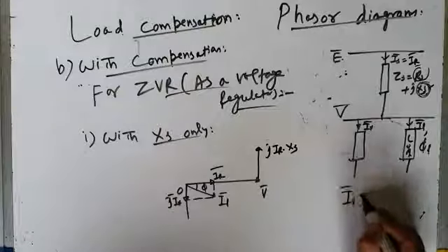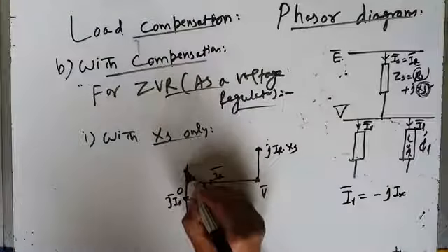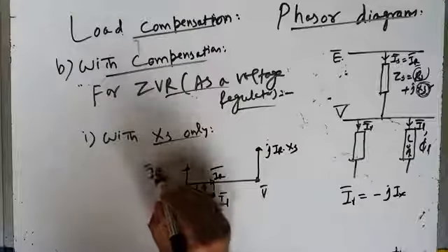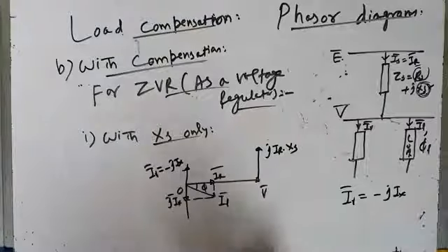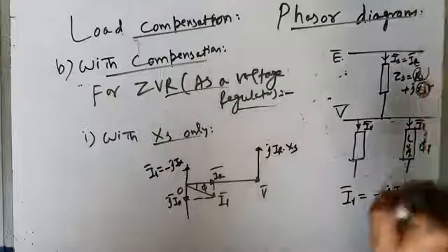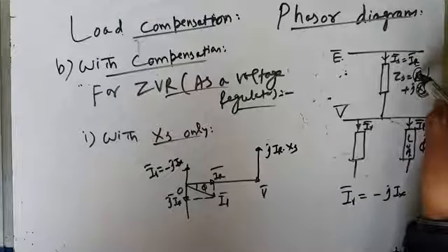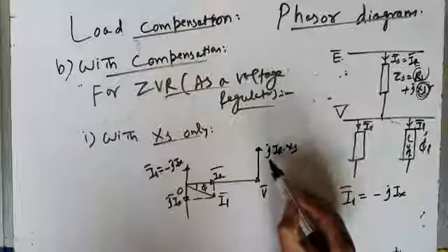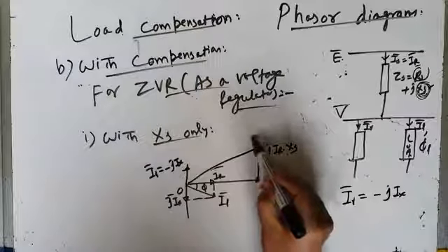In this case also I gamma is equal to minus JIX. This is I gamma equal to minus JIX with reactance only. So only the IR component comes from the source, and when that IR component flows through the reactance, it causes reactive voltage drop JIR into XS, and this is your E.